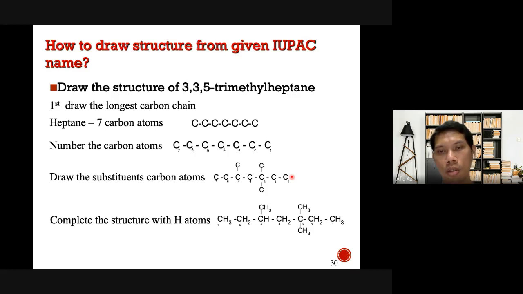So this carbon has 3 hydrogens, this one 2 hydrogens, this one also 3, this one also 3, and this one 0 hydrogens because it is already bonded to 4 other carbons, 1, 2, 3, 4. So no need to put hydrogen here. This one also 2 hydrogens, and this is 1 hydrogen, 3, 2, and 3.